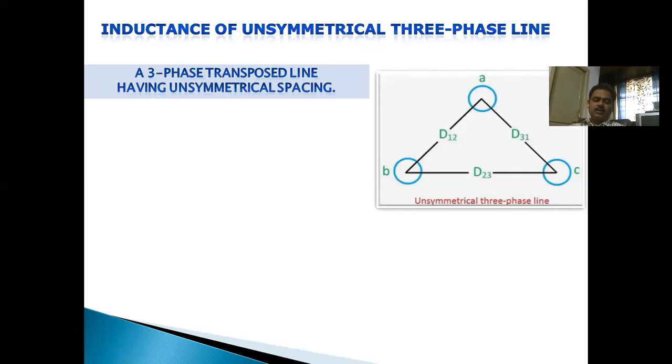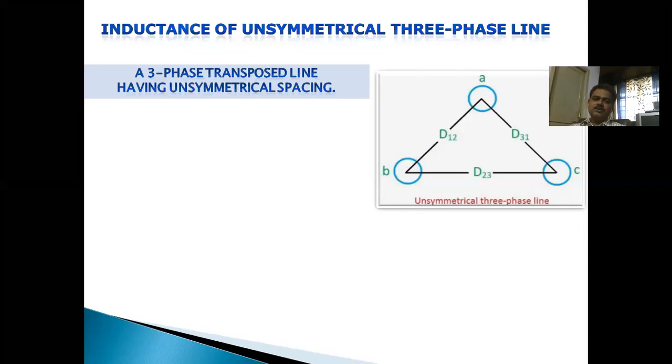If we observe the inductance equation, it mainly depends upon the distance between two conductors. If we observe the previous equation, Ia into ln 1 by R dash plus Ib into ln 1 by the distance between conductors 1 and 2, similarly Ic into ln 1 by the distance between conductors 1 and 3.